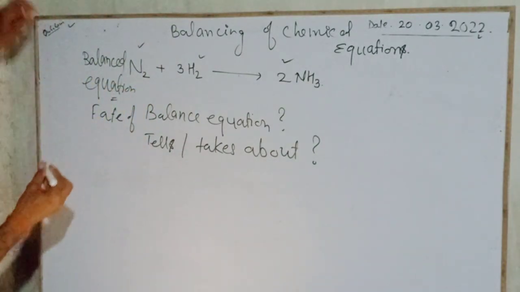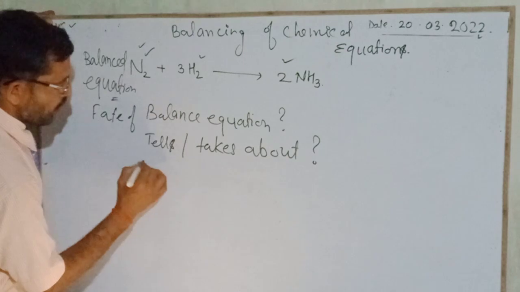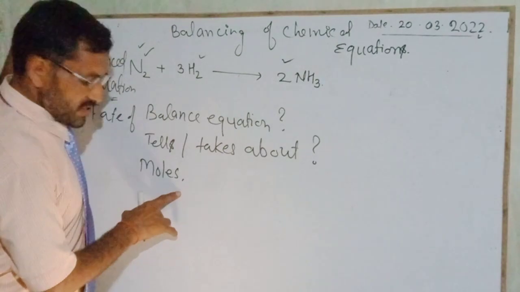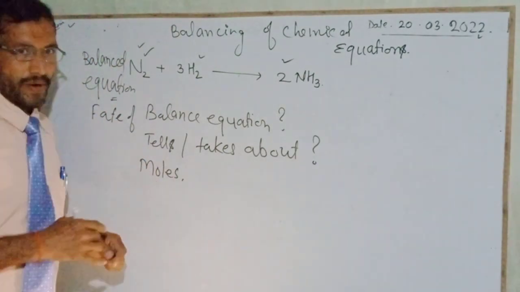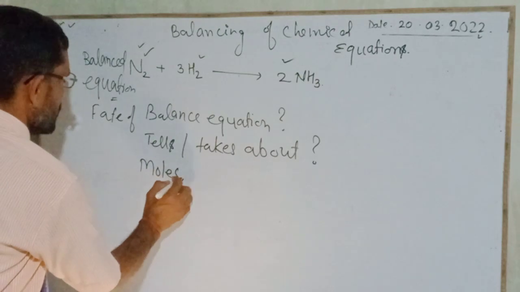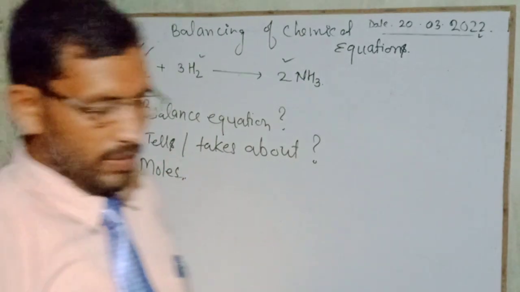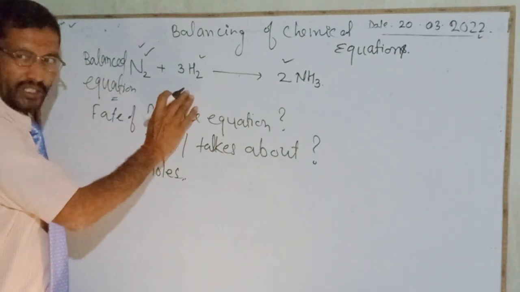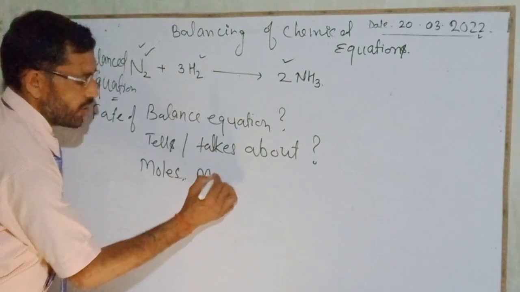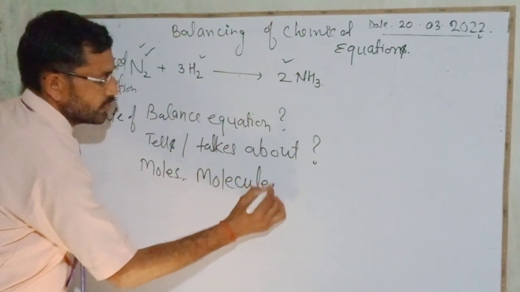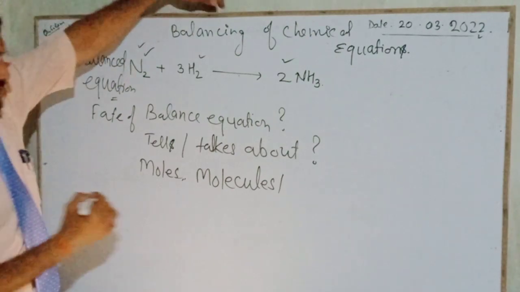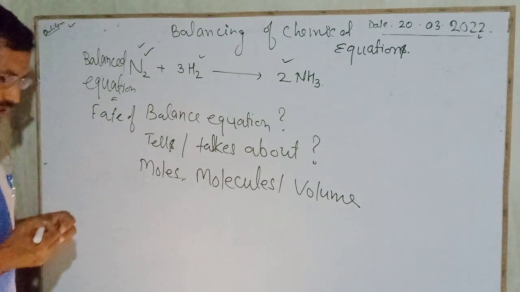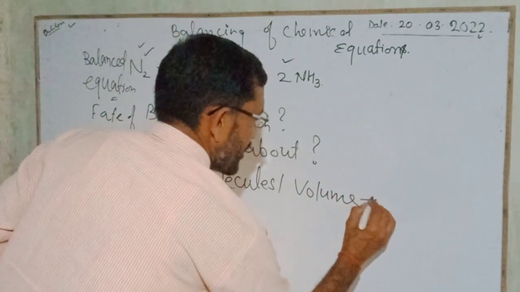The number of moles talks about the number of molecules taking part in the chemical reaction, and sometimes volumes, the so-called stoichiometry of the reactants.